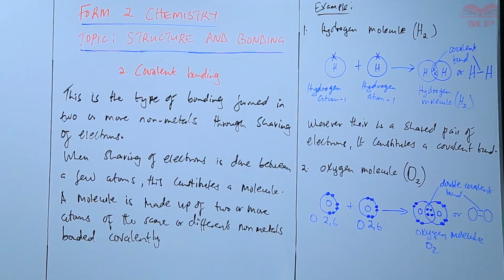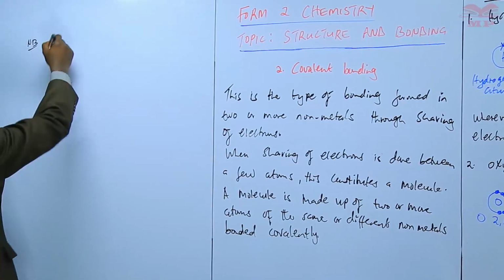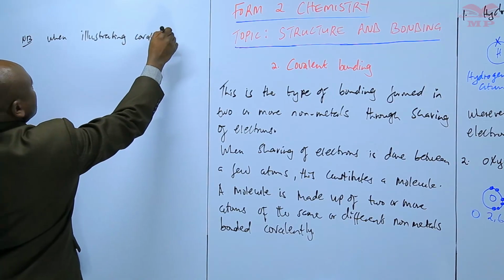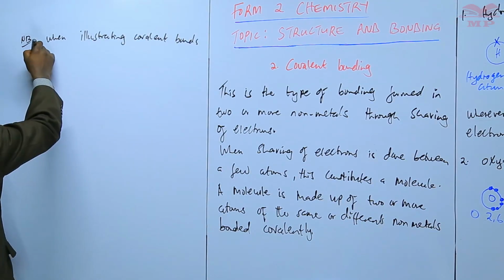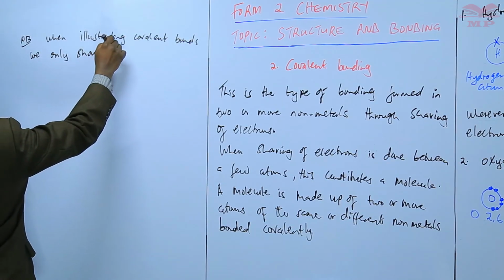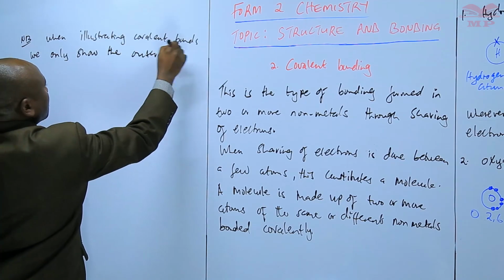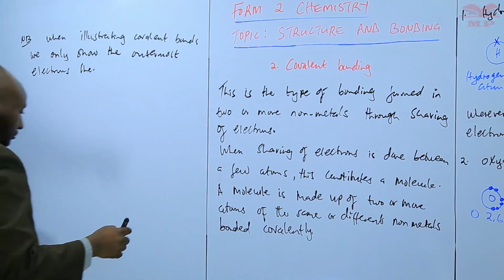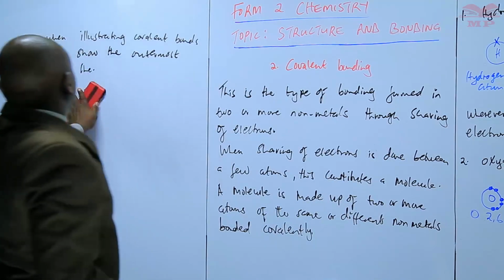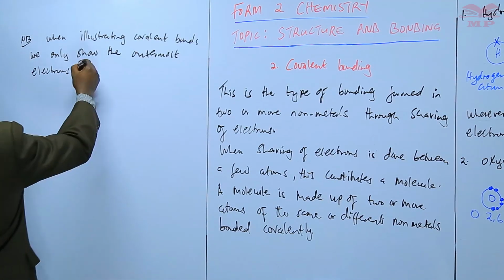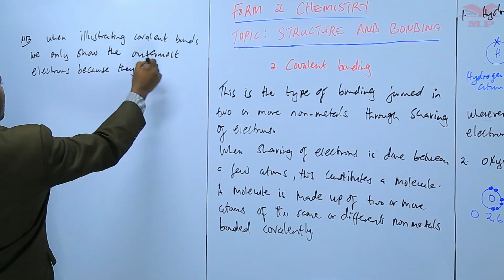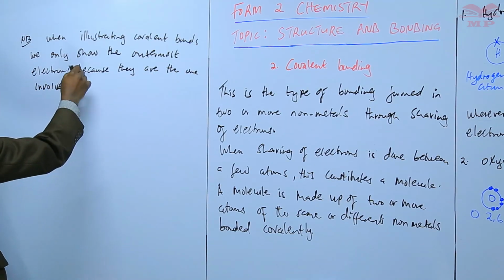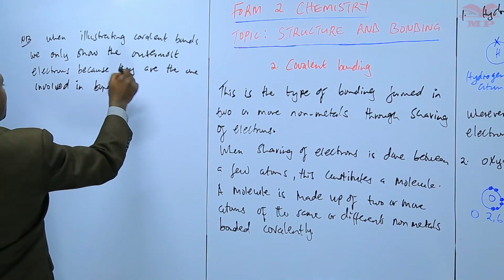A point to note when illustrating covalent bonds: we only show the outermost electrons, because they are the ones involved in bonding.